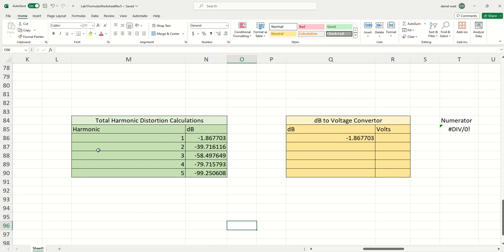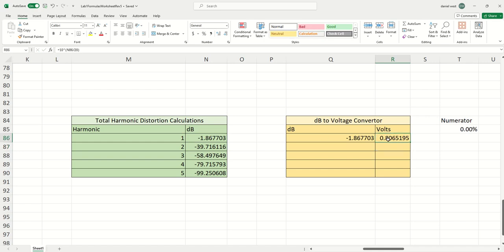And so I just created a chart in Excel, and this is the negative 1.867, and then to convert it you would do this, and that is exactly what we had on the linear scale for the fundamental frequency, right? 806.5 millivolts.